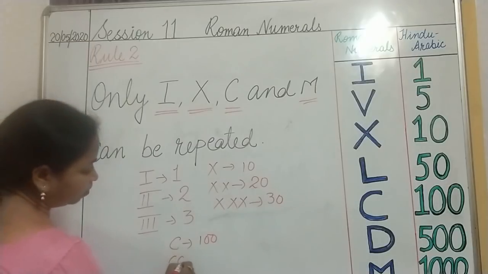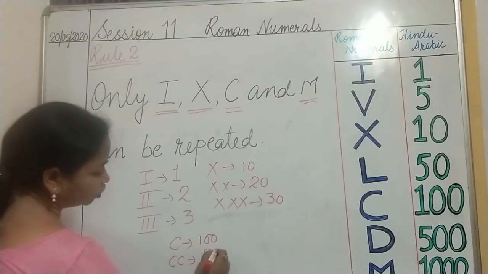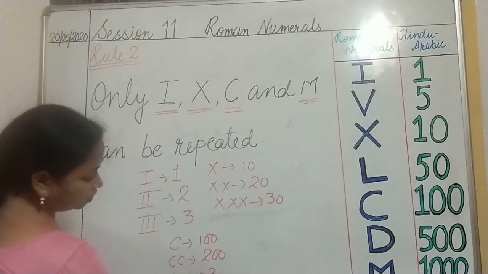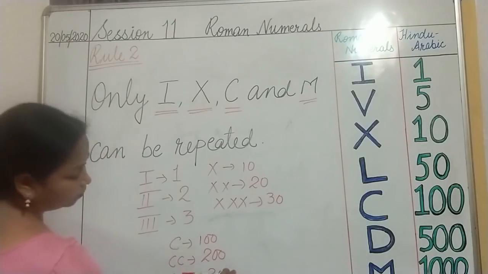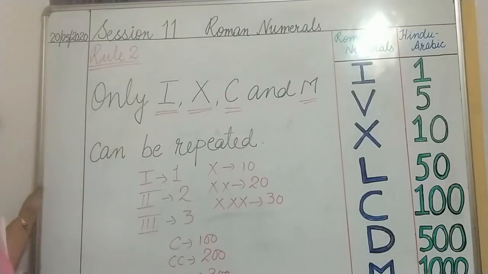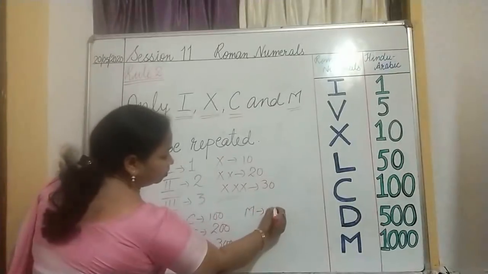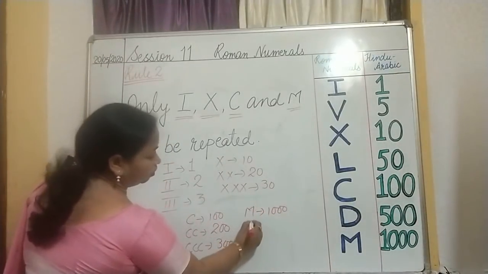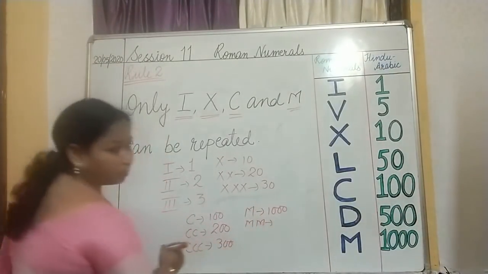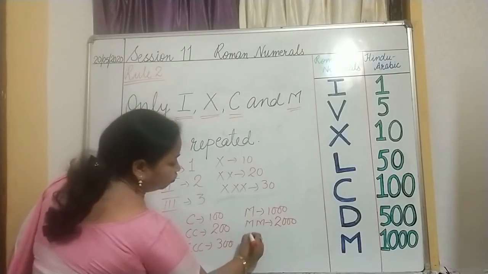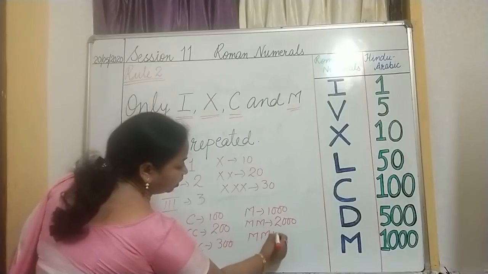If you have double C, the value is 200. If you have triple C, the value is 300. Similarly, if a single M is there, the value is 1000. If you have double M, the value will be 2000. And what will be the value if you have triple M?